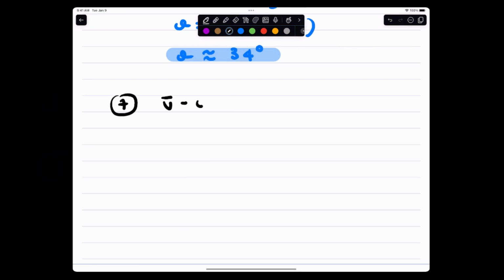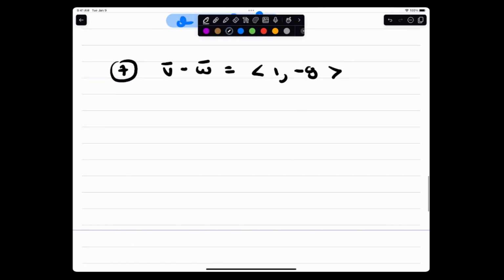So I said, okay, what is that? We need to find the magnitude and direction of this new vector. 1, negative 8. And again, this is the a value. Maybe I put it in red so you can see that. And this is the what? This is your b value. So this is why we did what we did yesterday.